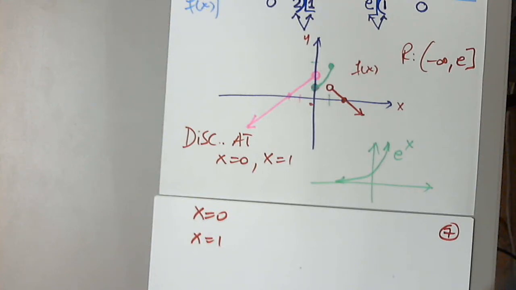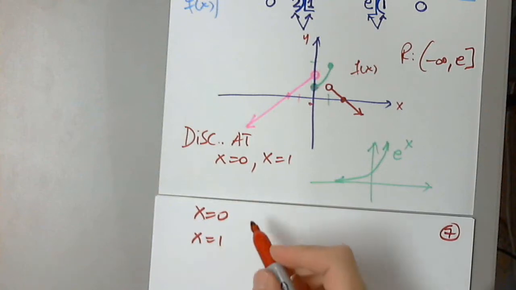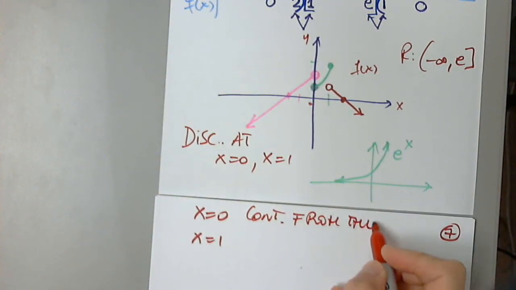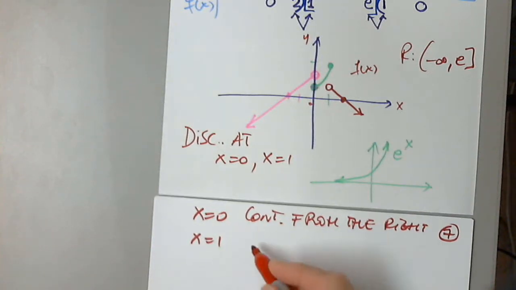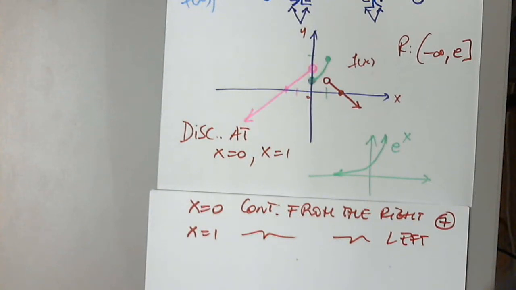To the right. Indeed, of course. The limit from the right equals the function value. Continuous from the right. What about at 1? Continuous from the right, from the left, or none of the above? Very good.